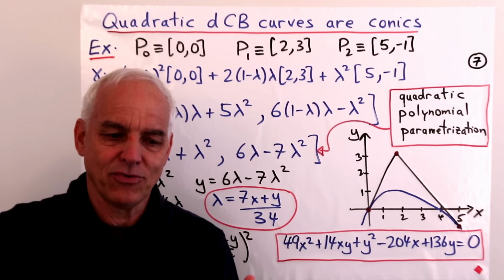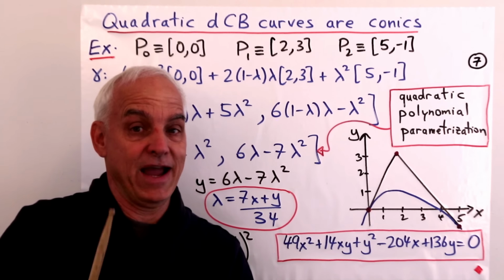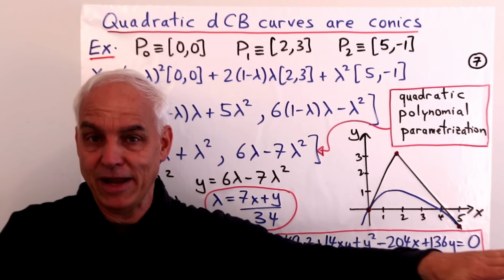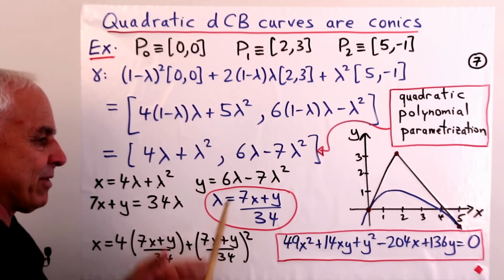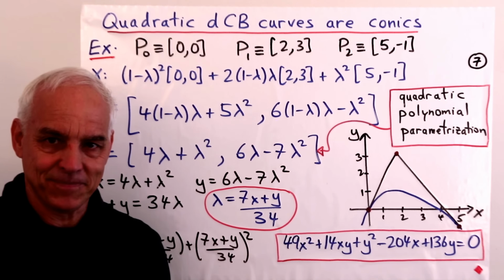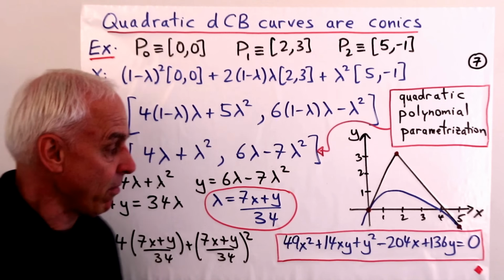In other words, we want to write down an equation just involving x and y without the parameter lambda. So that's really an elimination problem. It's a problem of eliminating the variable lambda from these two expressions. We have two expressions. There is an x, a y, and a lambda, and we want to get rid of the lambda. It's a very important type of problem.